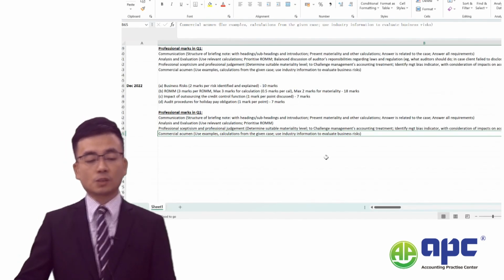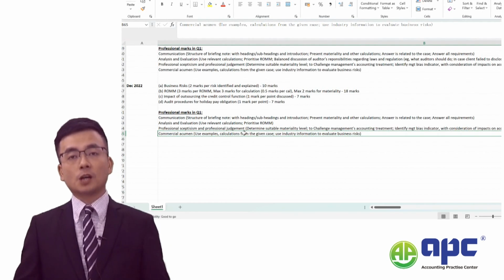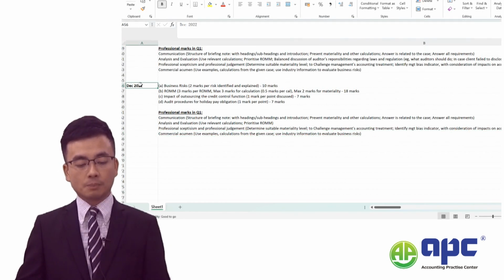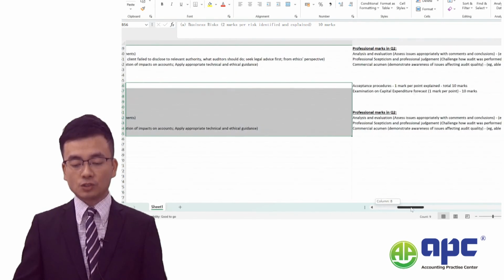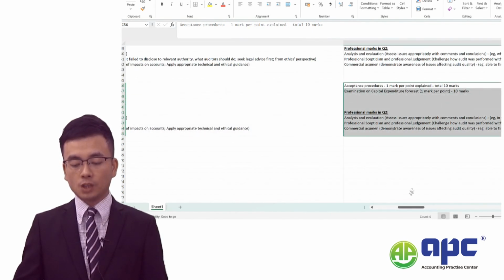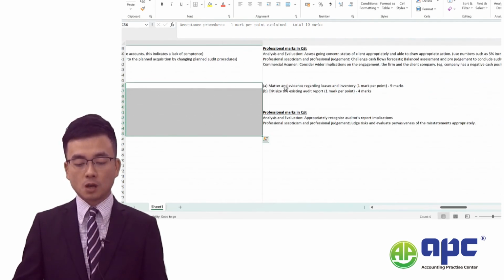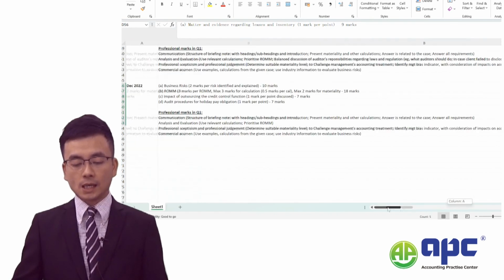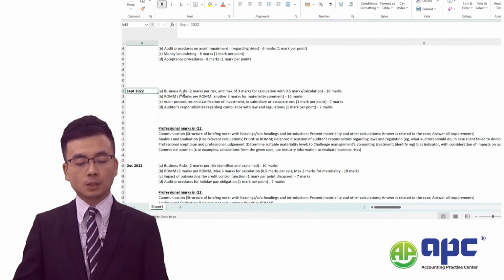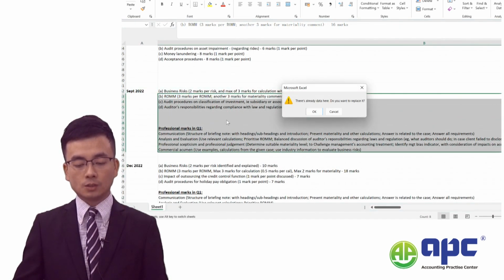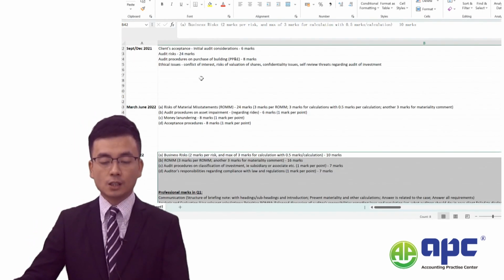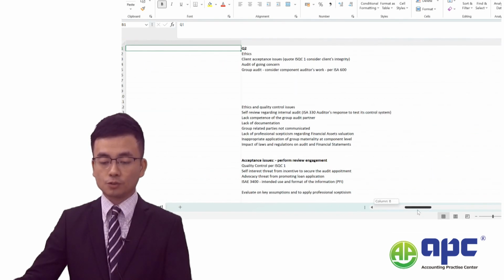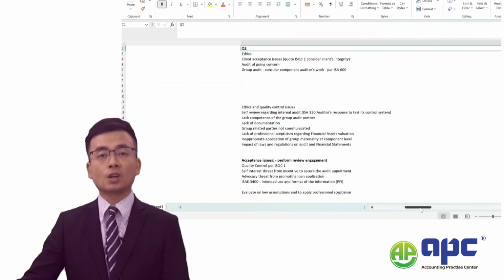And here I summarize a few past exam questions taken from December 2012. Question 1, and you can read the Excel spreadsheet on your own. The question 2, what has come up, and the professional marks requirements, and from the September 2012 and so on, right up to the September 2020 for question 1, question 3, question 2, and so on.